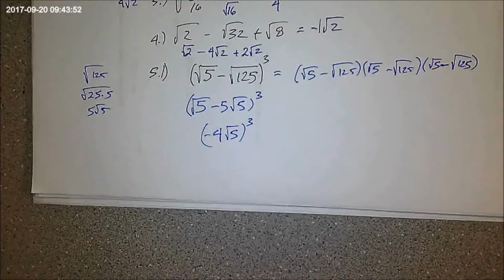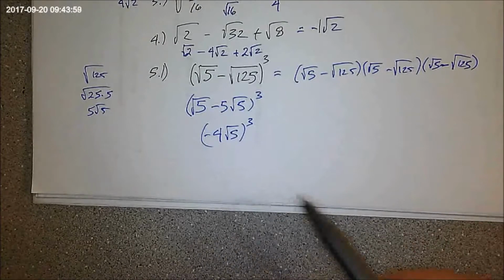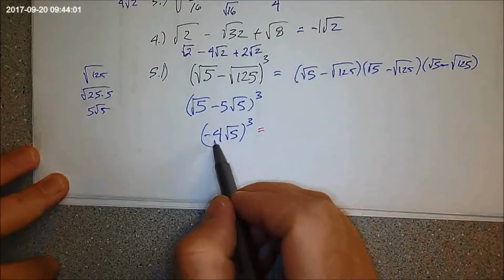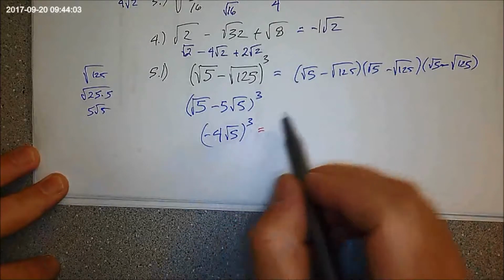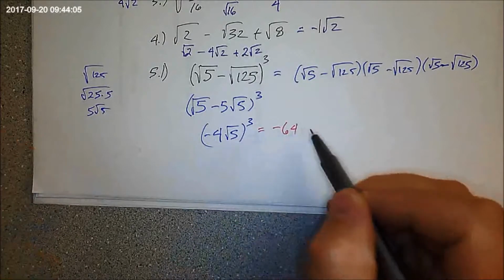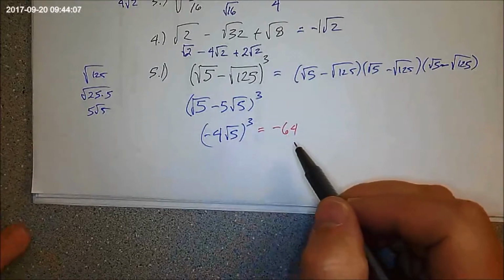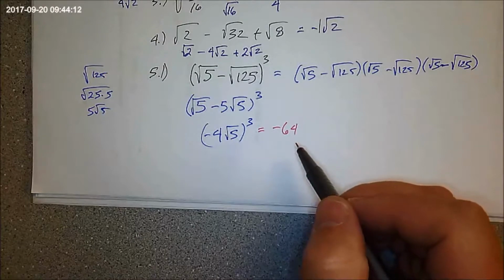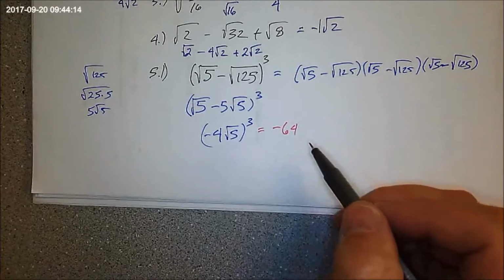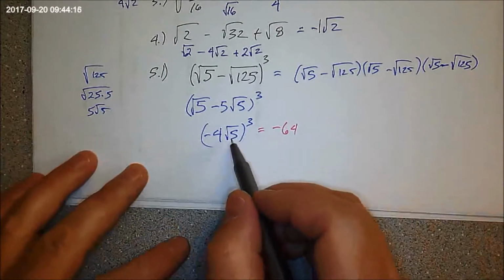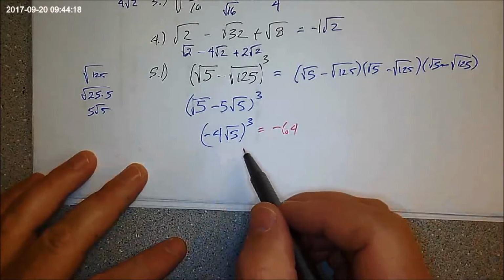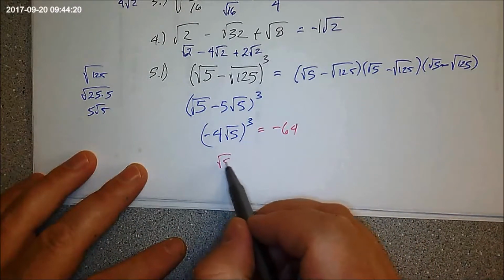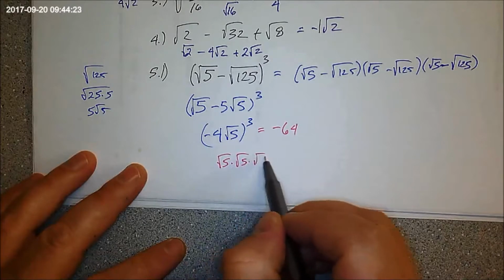Parth, what's your question? What is it? Okay. So check this out. Negative 4 times negative 4 times negative 4. Negative 64. We're not done yet. Okay, square root of 5 times the square root of 5 times the square root of 5.